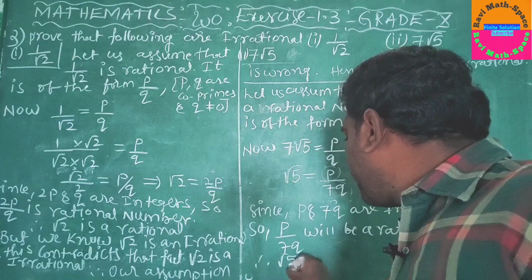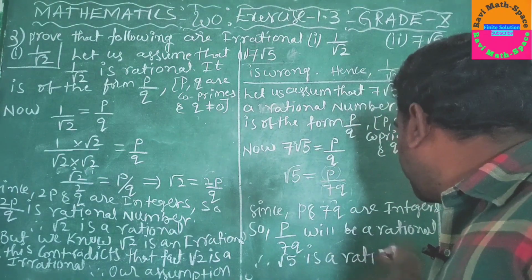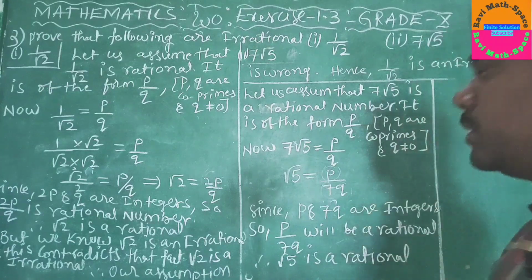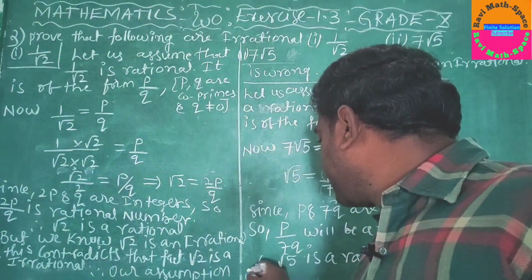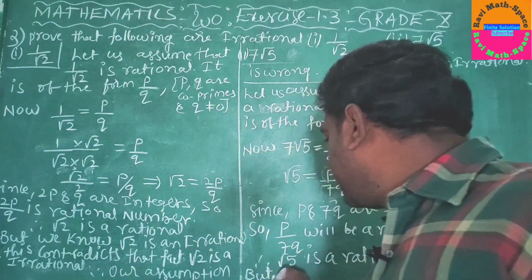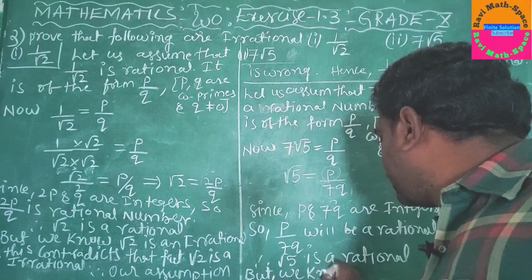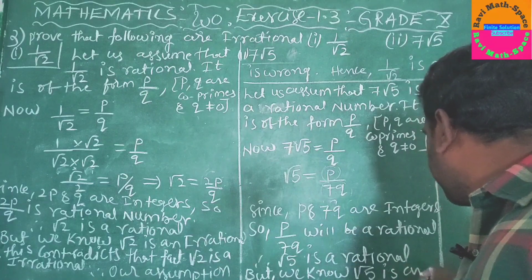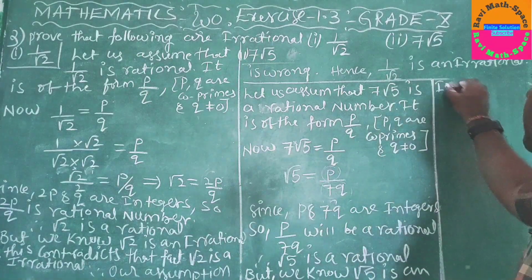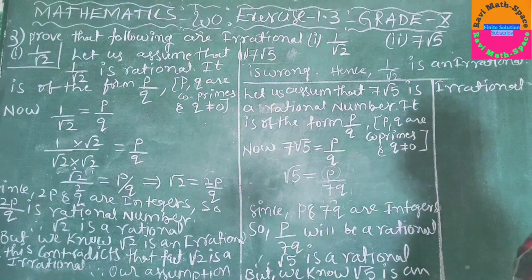Therefore root 5 is a rational number. But what do we know here? We know root 5 is an irrational number.